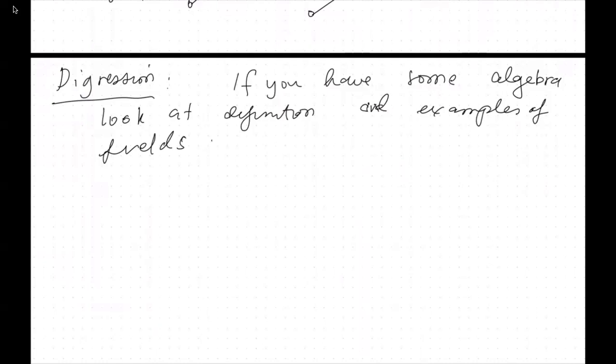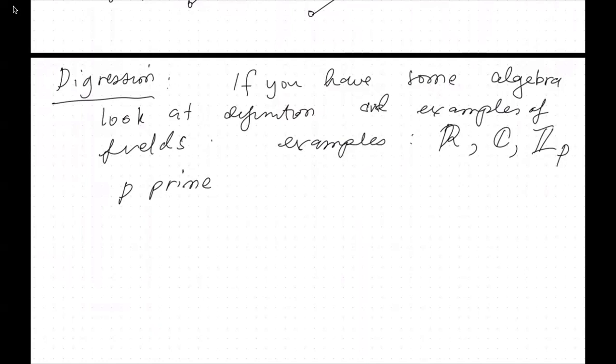So examples include R, C, and our finite field Z_p, let's say p prime, or you can also have F_q. So you might take a look at this. That's it for a little digression.